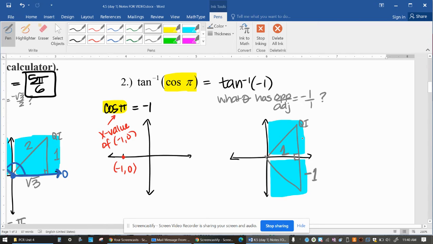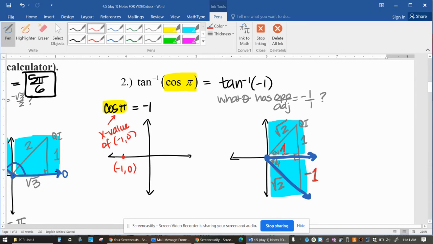So that reference angle, now I'm going to just kind of fill in the rest. This comes from a 45, 45, 90 triangle. So the reference angle is pi over 4, but again, we want the angle that is in quadrant 4. So we're going to be focusing on the one that goes down pi over 4, okay? All right, so if I specifically look, this is what I wanted.